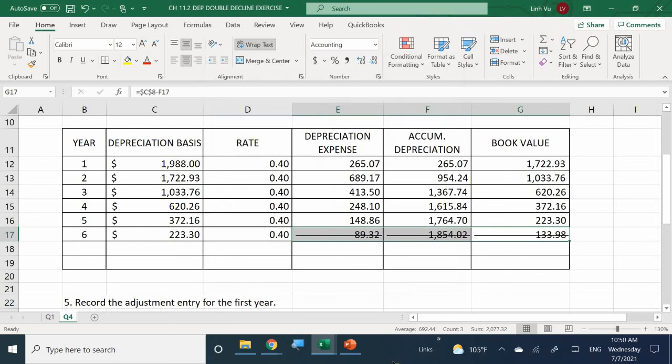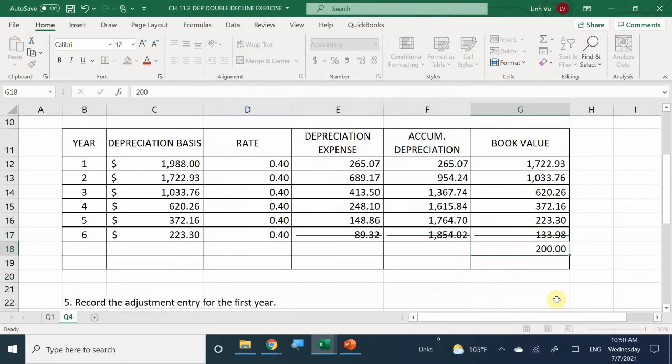So in this case, what should my book value actually be at the end of its life? 200. It needs to be 200.